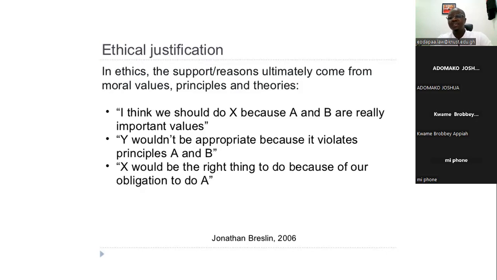So what you are saying we should do is X. And your reason for saying we should do X is because there are certain values which you think the doing of X will help you to do what? To realize, or to achieve, or to uphold. Then you also have: we shouldn't do X because it violates principles A and B.